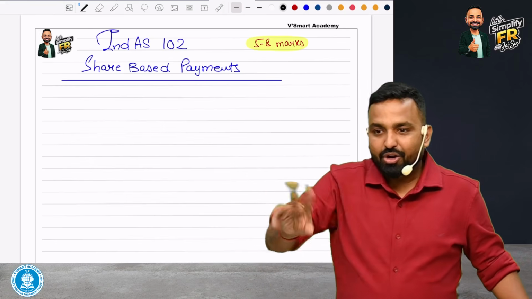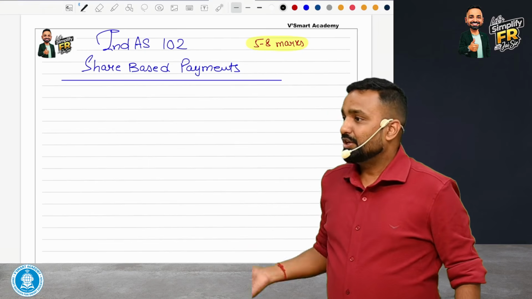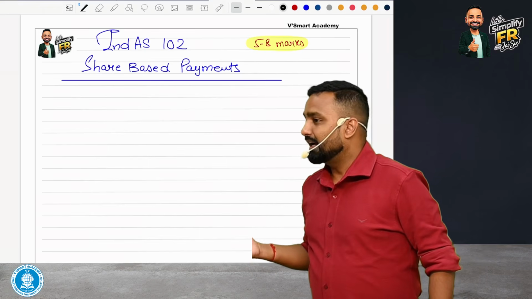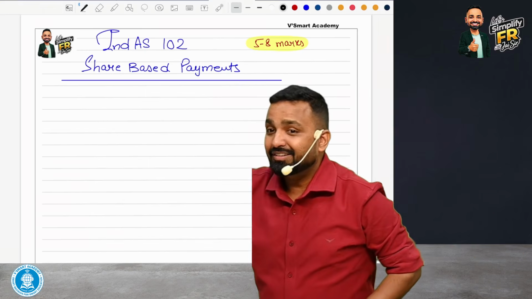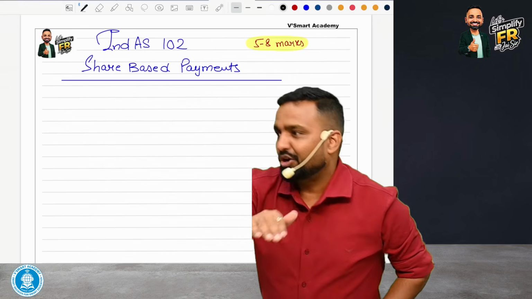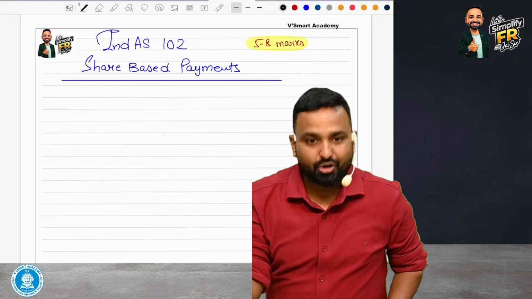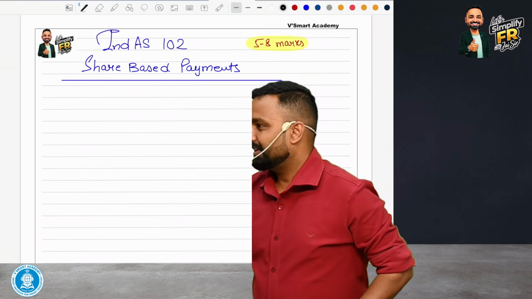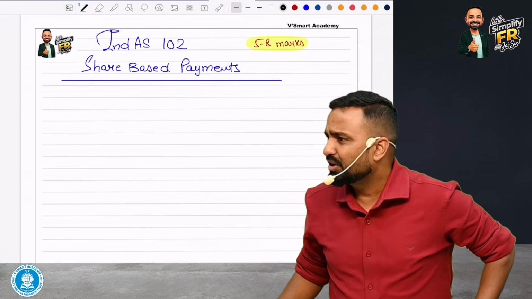There could be my shareholder employee, na? Now suppose the company announces a right issue for all shareholders, including employee shareholders also. If I'm making a right issue to my employee shareholder, that is not share-based payment. So, right issue is the exception. Are they understood or not?